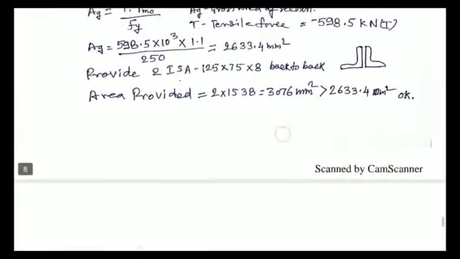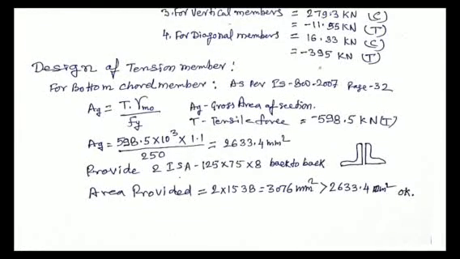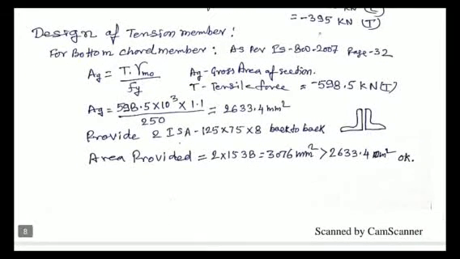The section area of the member can be found out to be 2633.4 mm square. The provided area will be, provide 2 ISA 125 by 75 by 8 mm, back to back two angles.